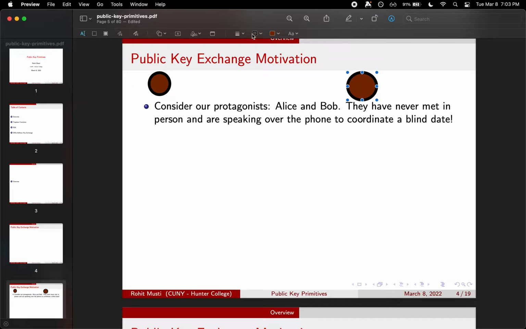And let's just go ahead and change the color here to red. And they are communicating over these phone lines. And what they want to do is they want to have a method of communicating where they can coordinate the location of their blind date.